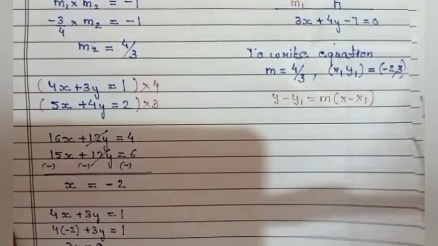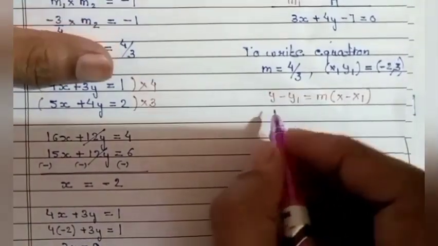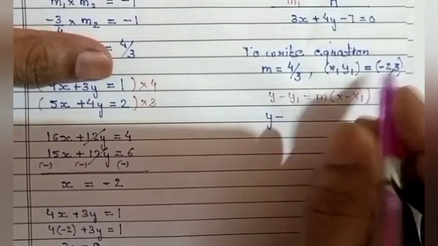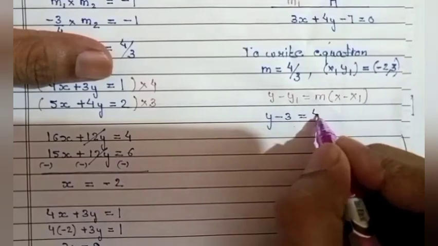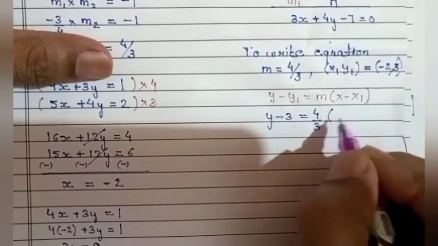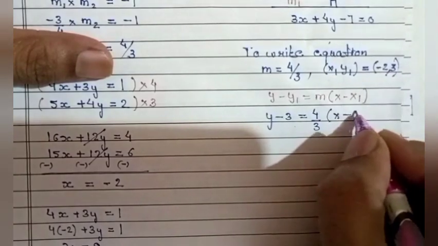Okay, now in this formula you will substitute the values. So it will be y minus y1, that is 3, is equal to m, that is 4/3, times x minus x1, so x1 is negative.